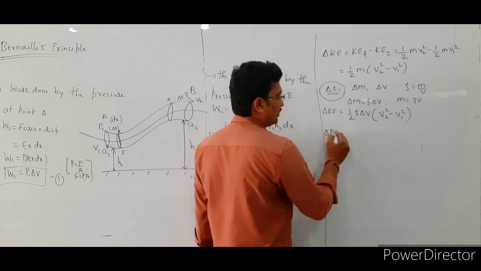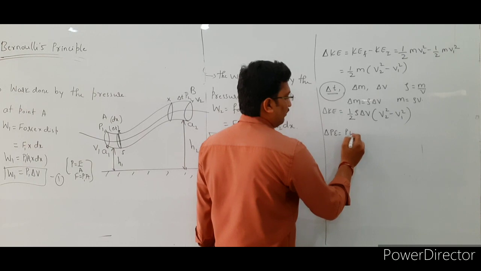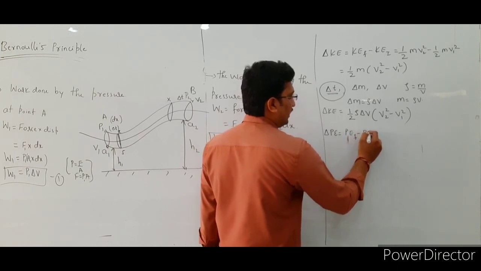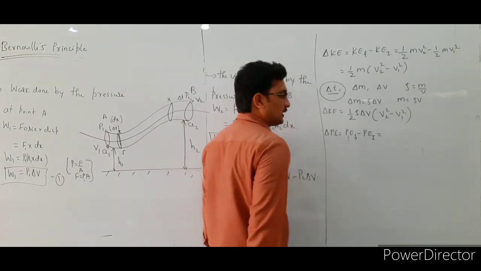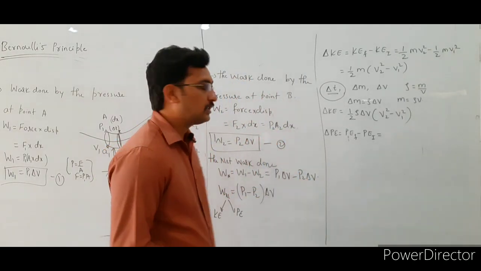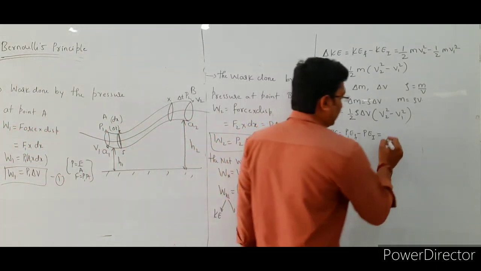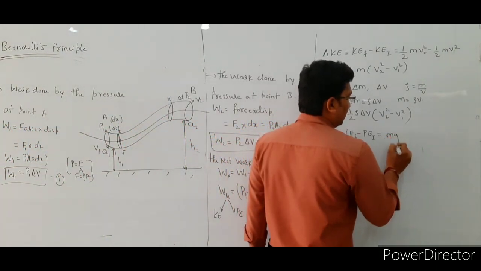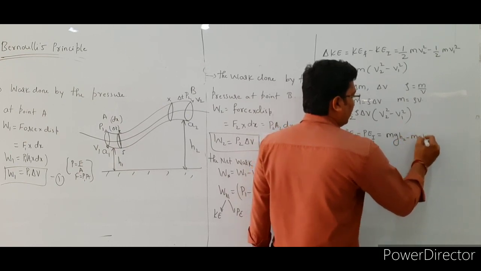Similarly, we are going to find out the change in potential energy: final potential energy minus initial potential energy. The potential energy expression is mgh. So the final is mgh2 minus mgh1.